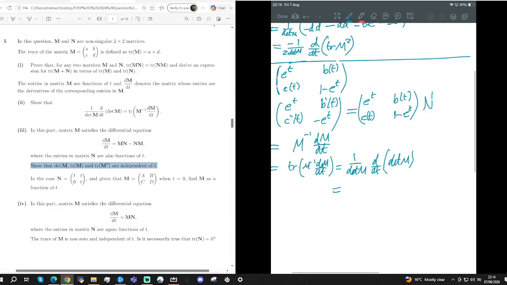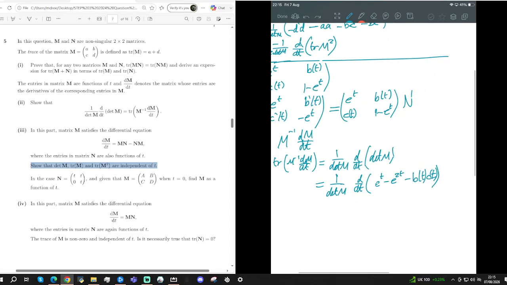I'm kind of poking around in the dark a little bit here, but now I have what det m is, d by dt, and I might have to choose what these functions b and c are. This is going to be e to the t minus e to the 2t minus btct. And I want this to differentiate to 0.